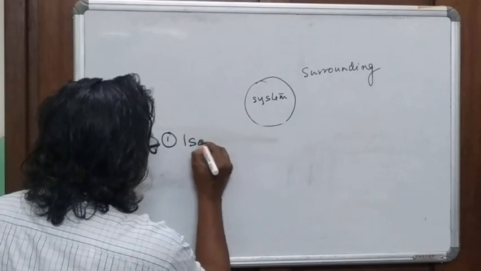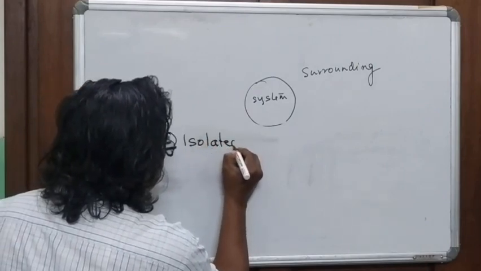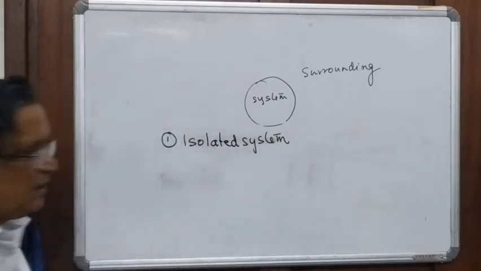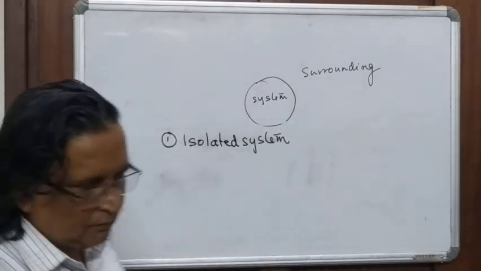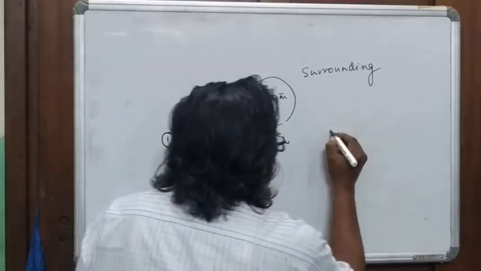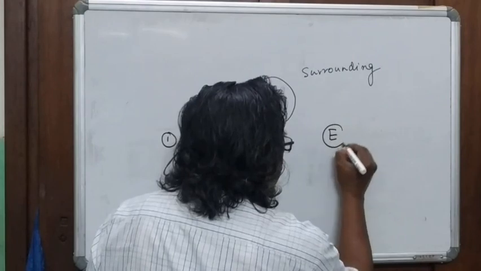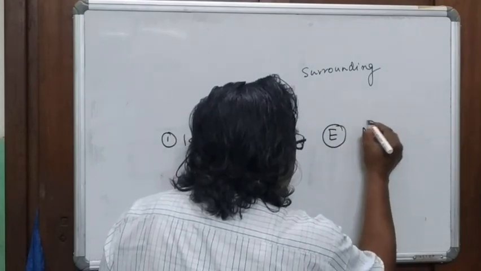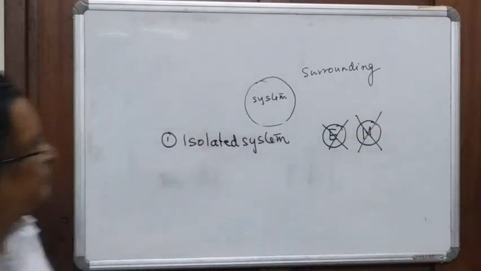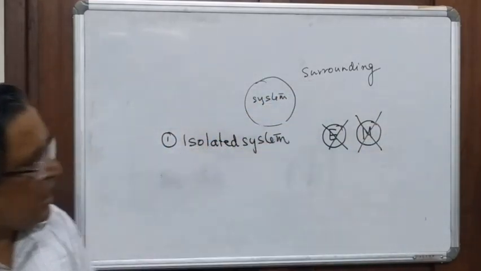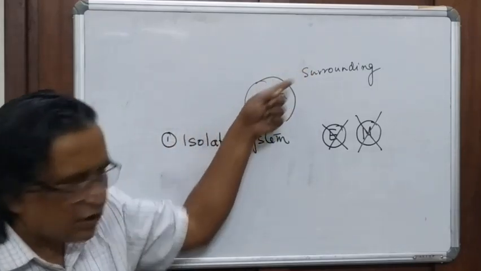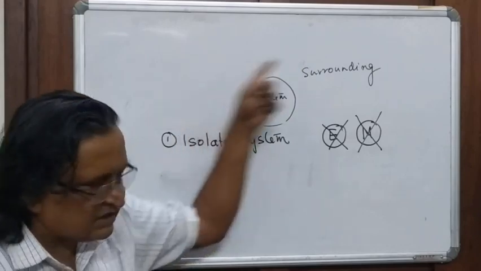Isolated system. In this case, the system and the surrounding do not exchange energy, do not exchange mass with the surrounding. So the system and the surrounding do not exchange either energy across the interface or mass across the interface.